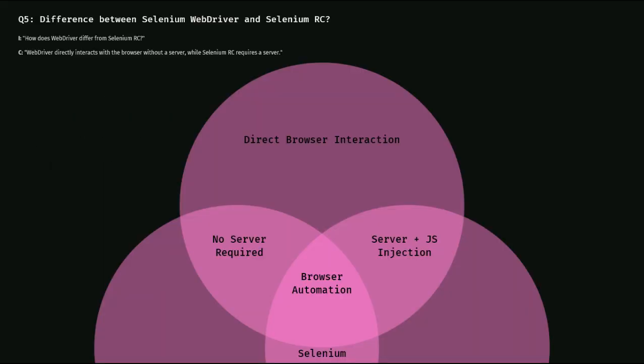Next question. Difference between Selenium WebDriver and Selenium RC, or how does WebDriver differ from Selenium RC? Candidate: WebDriver directly interacts with the browser without a server, while Selenium RC requires a server.